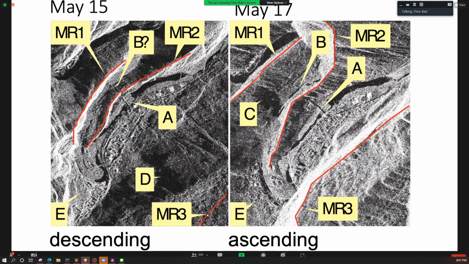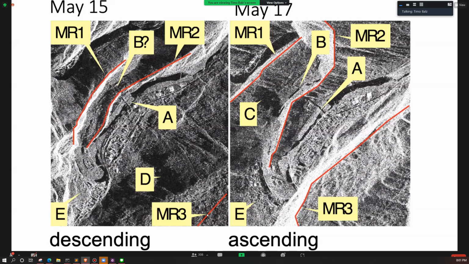We also see that it's much easier to interpret and identify damages from optical images. Much more difficult here from the SAR image. It's possible if you know what you're doing, but it's not easy.